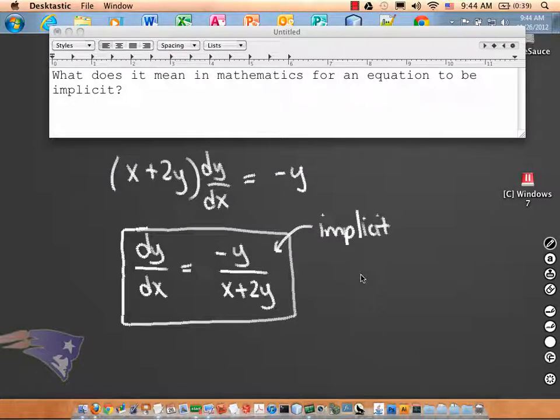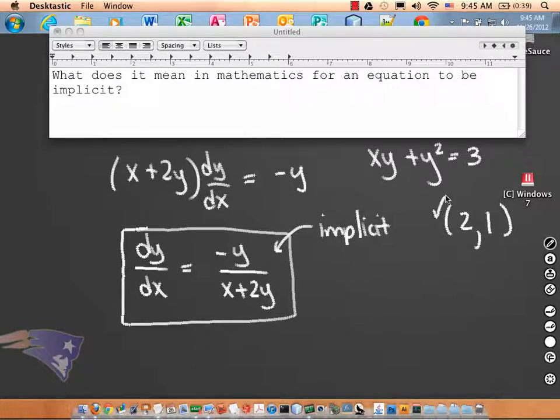But what you need to know is that this is still the instantaneous rate of change for every point on the original curve. And what was the original curve again? xy plus y squared equals 3. Now, here's an ordered pair which satisfies this equation, (2, 1). If I put (2, 1) into this equation, I get 3 equals 3.